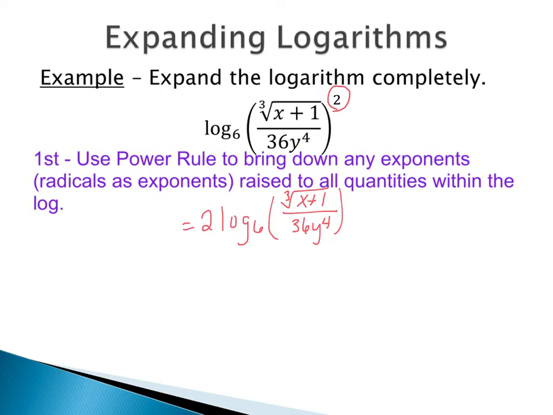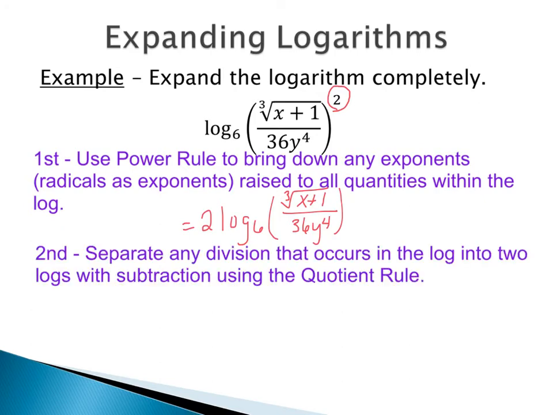Our second step is to separate any division into two logs with subtraction, which means using our quotient rule. That 2 is going to stay in front. So this equals 2, and I'm going to use a bracket since now we're only expanding this log here. Everything else goes inside the bracket.